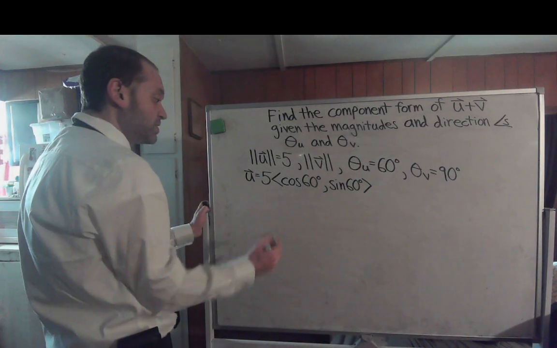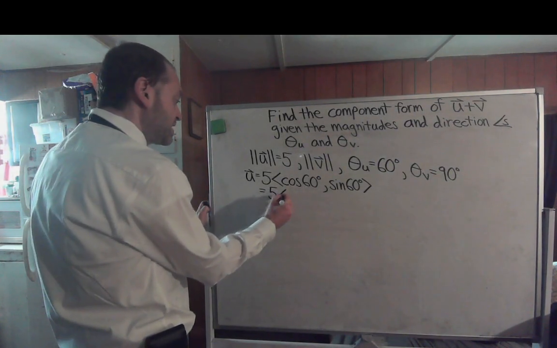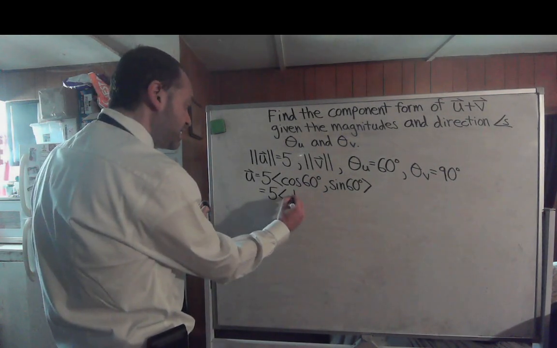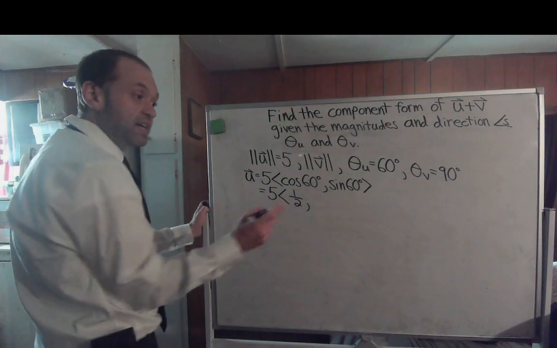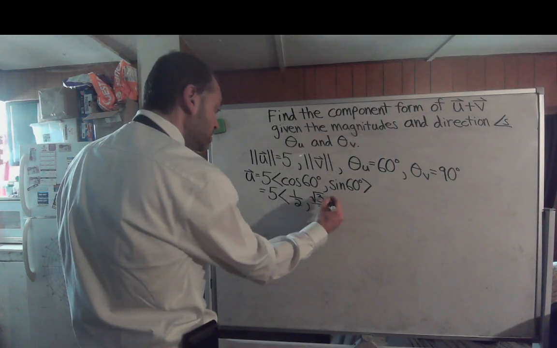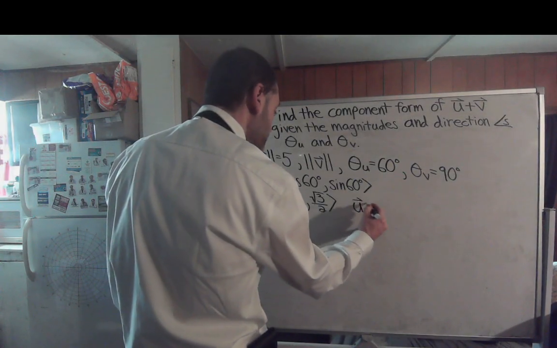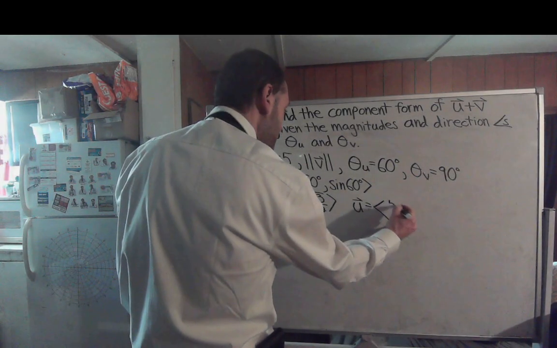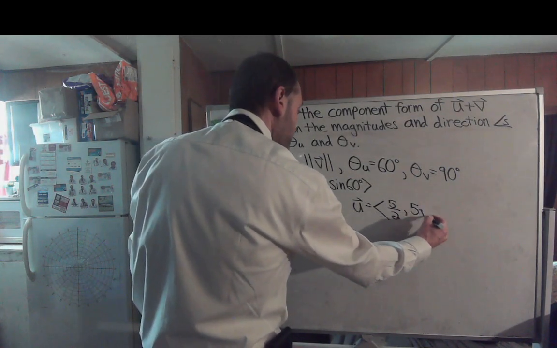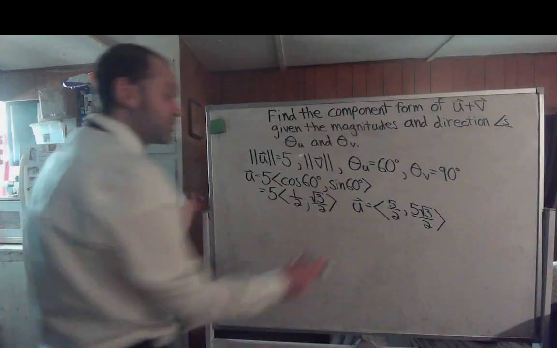So this is going to equal 5 times, now what is the cosine of 60? That's just 1/2. The sine of 60 is the square root of 3 over 2. So vector u is 5/2, 5 times the square root of 3 over 2. So there's your vector u.